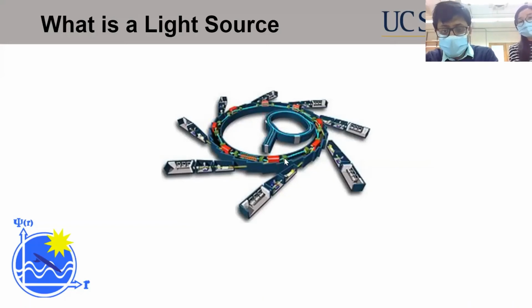Red things are bending magnets. Now when an electron bends, it emits X-rays because it's going through a deceleration. And that X-ray is sampled along this tangent, and this feeds into this experimental facility. And we sit somewhere at these computers and do the experiments using those control panels.